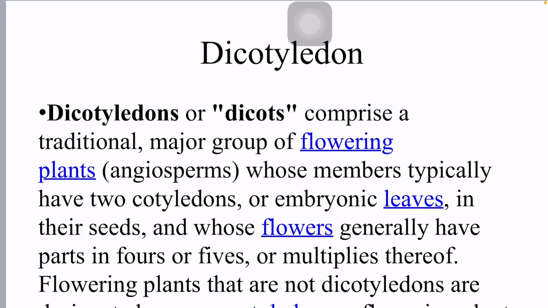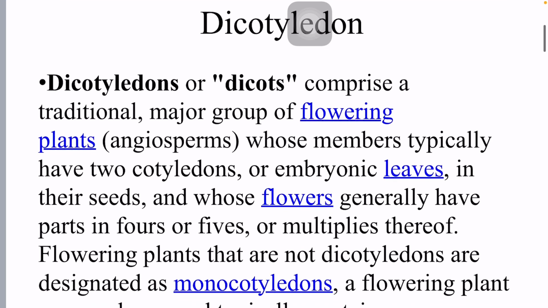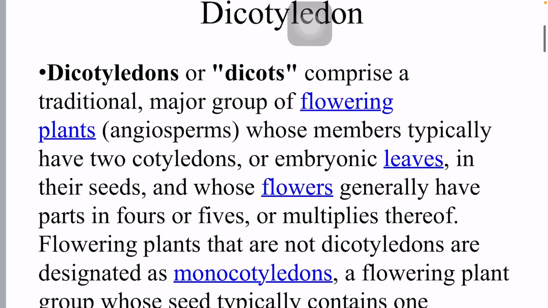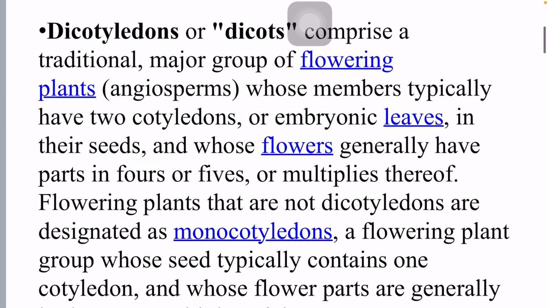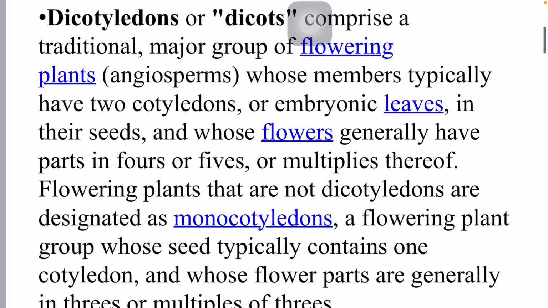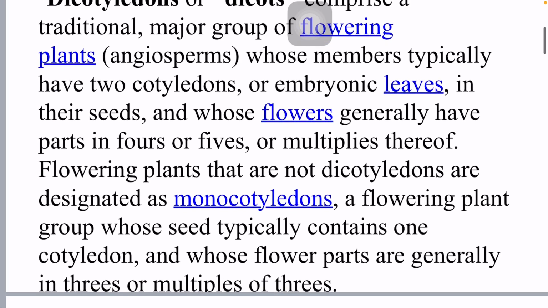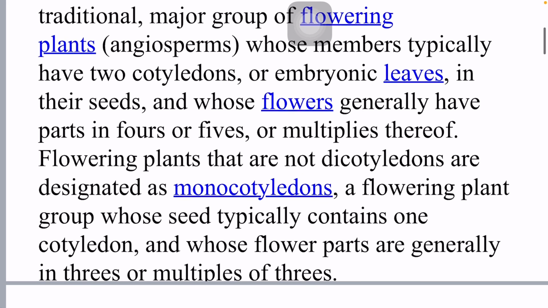Next, let us see the definition of dicotyledon. Dicotyledons or dicots comprise a traditionally major group of flowering plants, angiosperms, whose members typically have two cotyledons or embryonic leaves in their seed, and whose flowers generally have petals in 4 or 5 or multiples thereof.